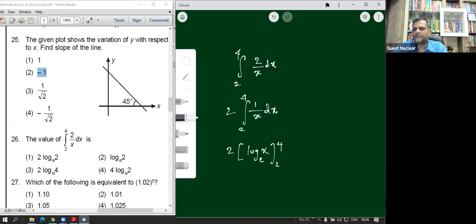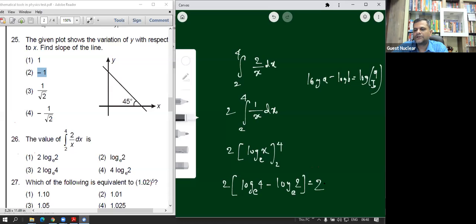And if we simplify this further, then we get log of 4 to the base e minus log of 2 to the base e. अब ये तुमको पता होना चाहिए कि log of a minus log of b happens to be log of a upon b. ये करेक्ट है? तो इसको हम लिख सकते हैं आराम से आगे कि 2 into log of 4 upon 2 to the base e.